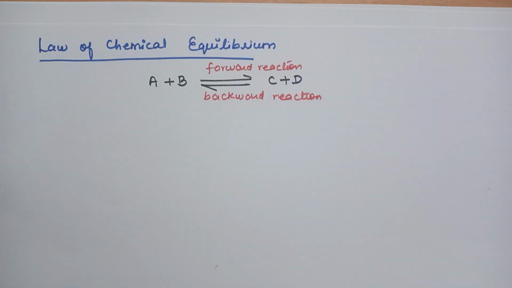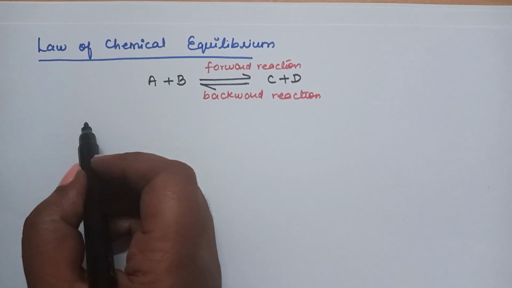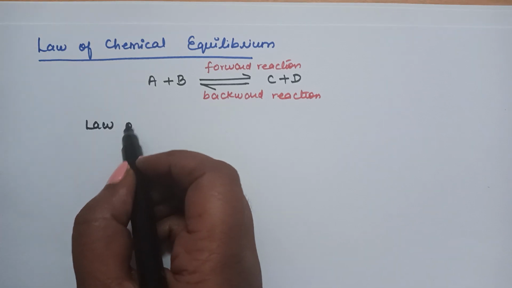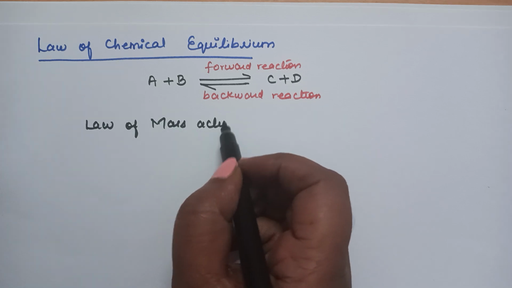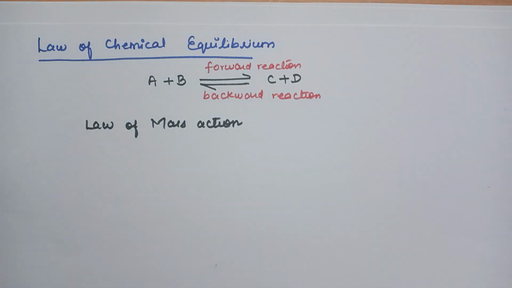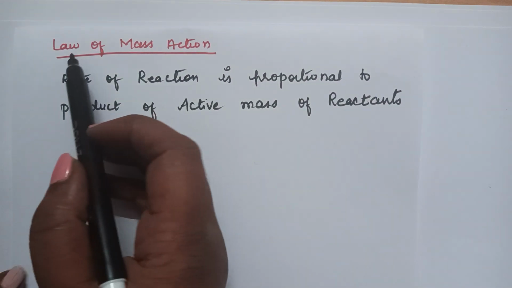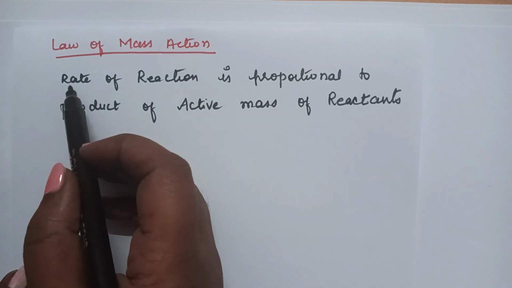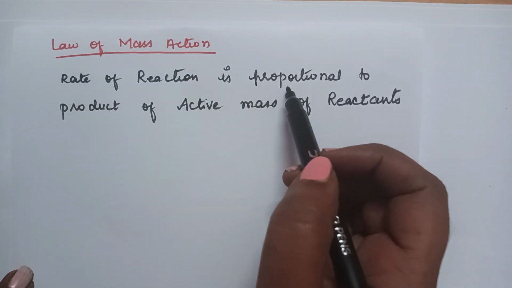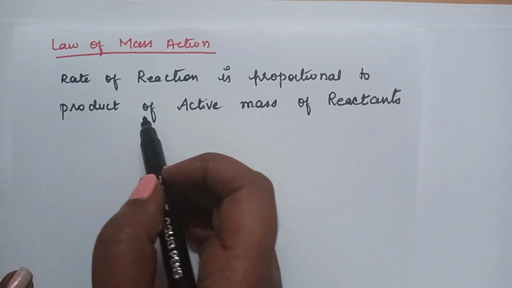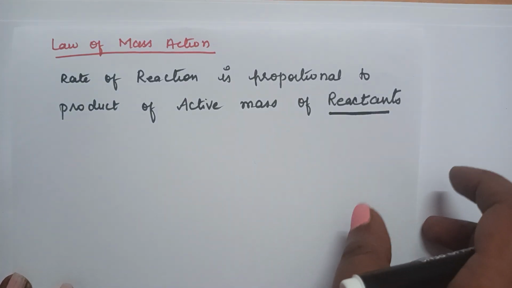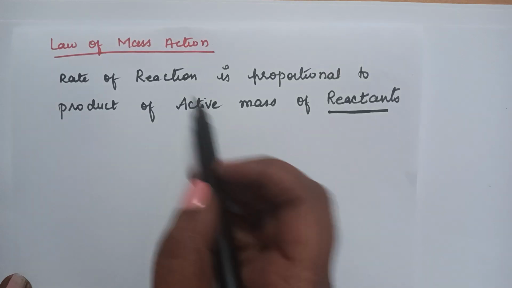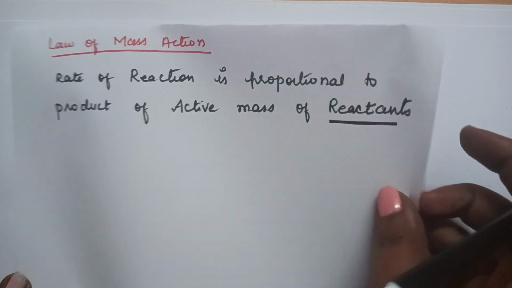So now let us apply the law of mass action. What does the law of mass action say? The law of mass action says the rate of a reaction is proportional to the product of active masses of the reactants. So the rate of the reaction depends on the active masses of the reactants.